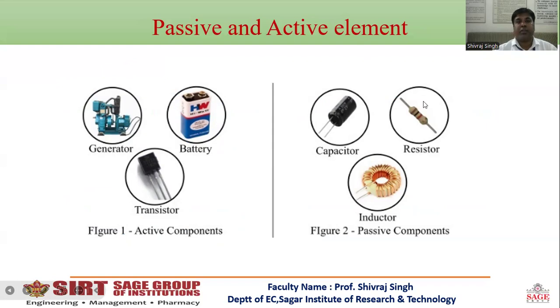These are the passive elements. This one is the active element. That means it provides the energy, and passive elements consume the energy. So basically active elements are generator, battery, transistor. These elements provide the energy.